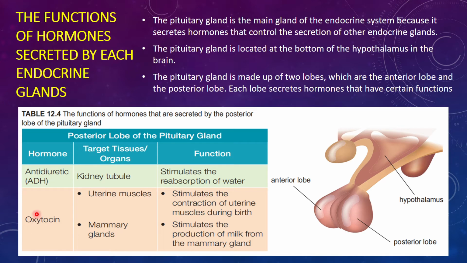Next is oxytocin, which targets the uterine muscles and also the mammary glands. For the uterine muscles, oxytocin functions to stimulate the contraction of uterine muscles during birth, whereas for the mammary glands, it stimulates the production of milk.